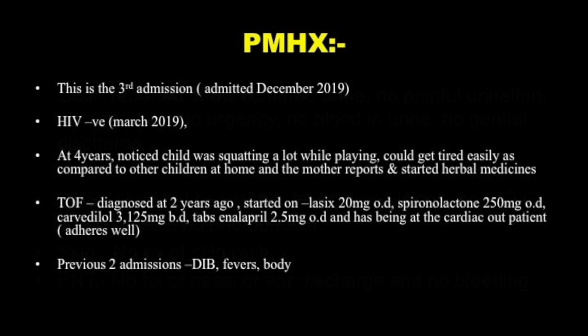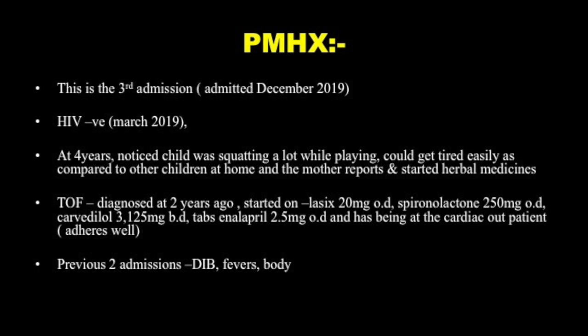Past medical history: this is the third admission, admitted in December 2019. His HIV status is negative, tested in March 2019. At 4 years, the mother noticed the boy had been squatting while playing and could easily get tired compared to other children at home. The mother also reports that he was started on unknown herbal medication at that time.